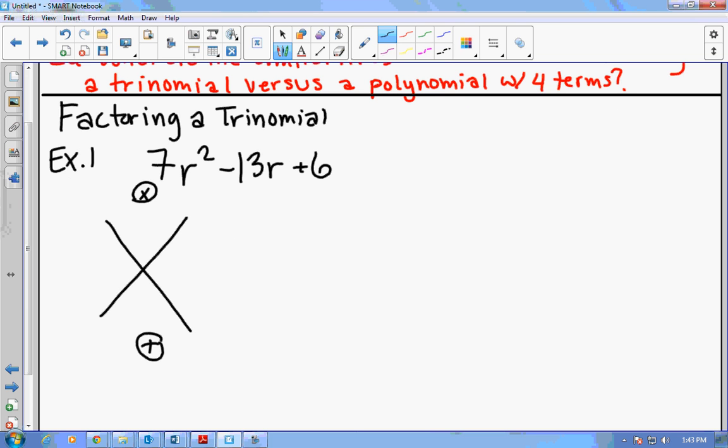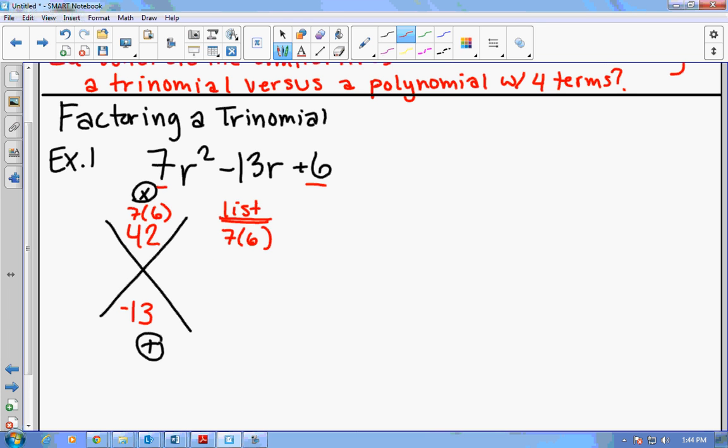Okay. On the top, we should be looking for 7 times 6, which is 42. Adding to the middle, negative 13. Make sure you use a negative. Careful on the signs. What times 1 is 42?